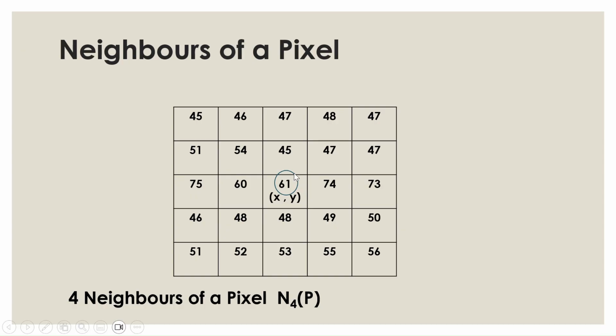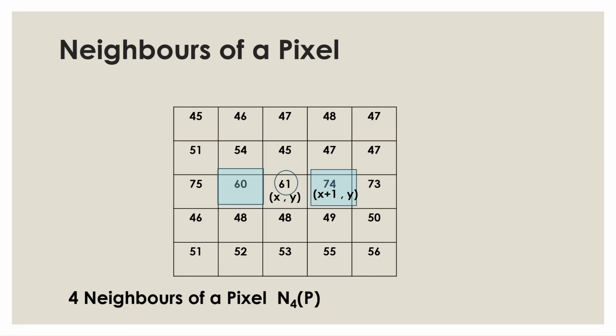Now if we consider the right pixel, this pixel is represented as X plus 1 comma Y. So it is present in the same row but in a different column. Now let us consider the pixel on the left side.